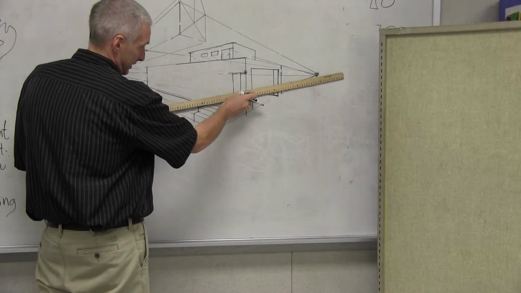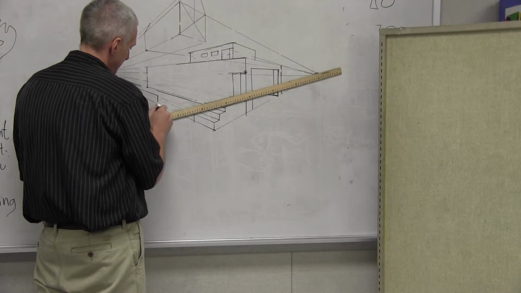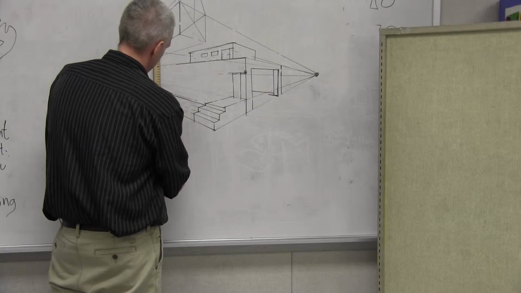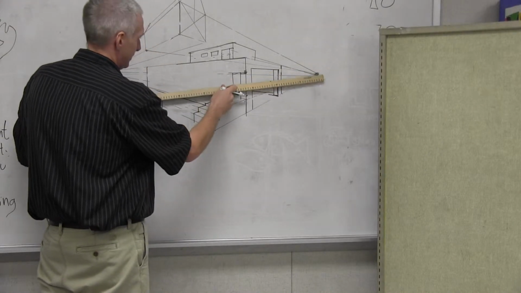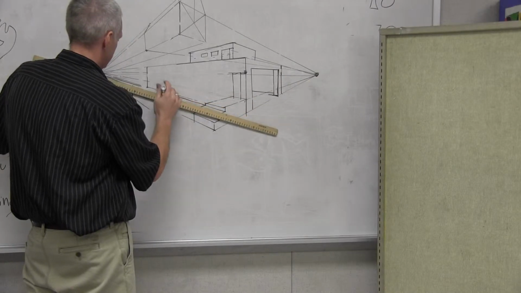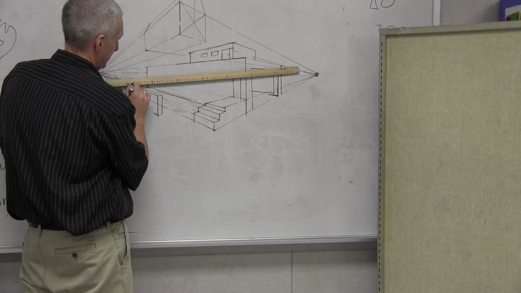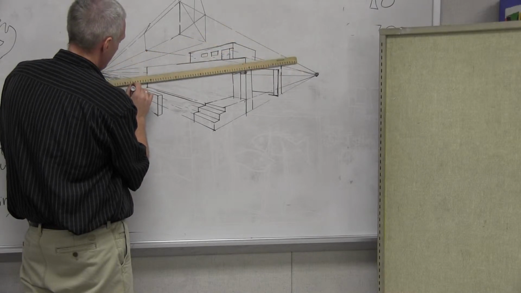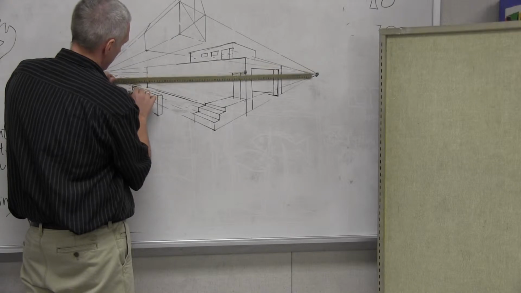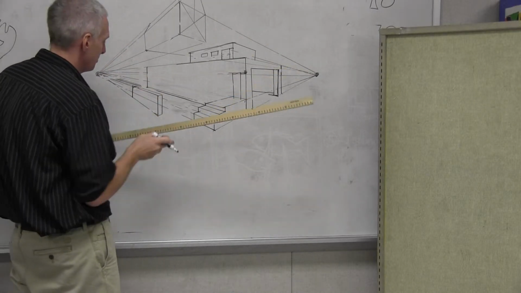Give that bench thickness here. Vertical. Go. So you'll notice all these lines are either going up and down, which is vertical, or back to the vanishing point. So that's the back of the bench.